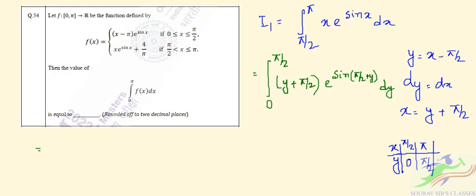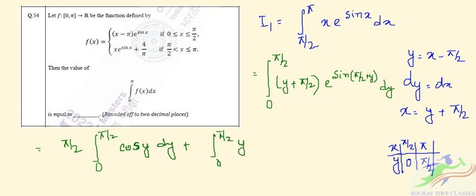So pi by 2, if we take this in this manner, the integral of 0 to pi by 2 of sine y, it will be cos y dy, plus 0 to pi by 2 y times e to the power cos y.